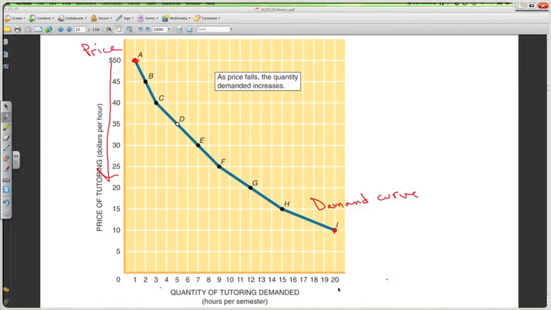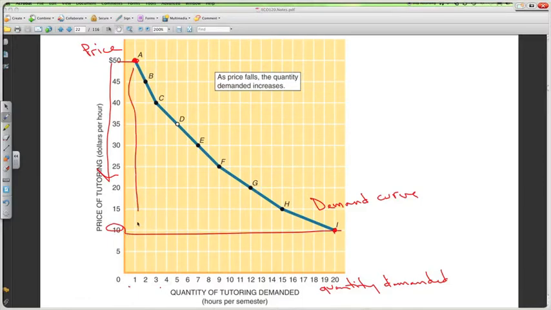And down here on the bottom left hand corner, we have our quantity, our quantity demanded. So notice as our price is dropping here, we go from 50 all the way down to 10, our quantity demanded is increasing. We go from 1 all the way up to 20.